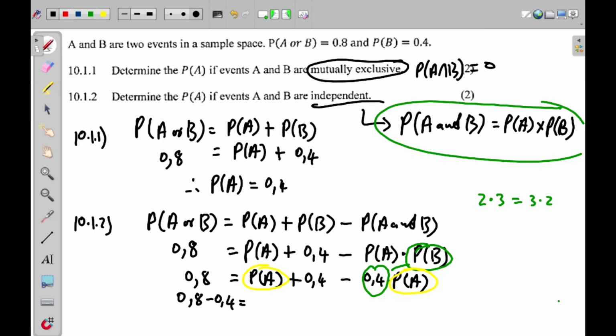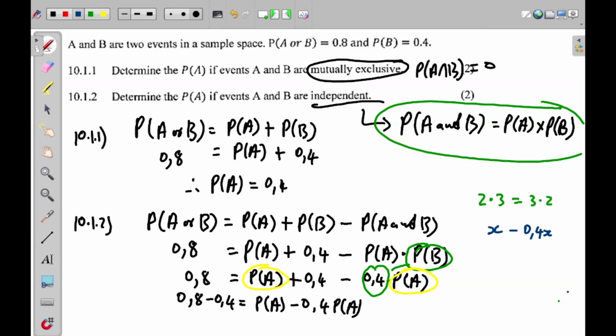So that's what I've done here. 0.8 minus 0.4 is equal to what? Watch what I have on the right-hand side. I have probability of A minus 0.4 times probability of A. Now, this can be a bit confusing or intimidating, especially when you're in grade 10. But I want you to just regard probability of A as X. So imagine you've got X minus 0.4X.